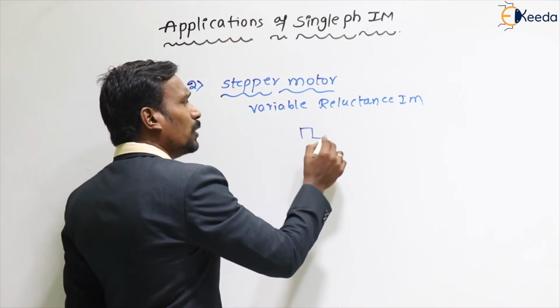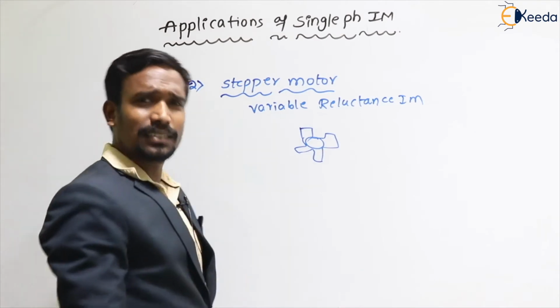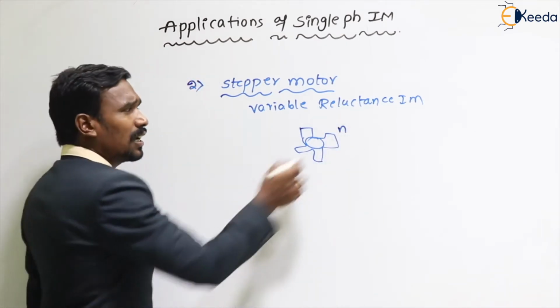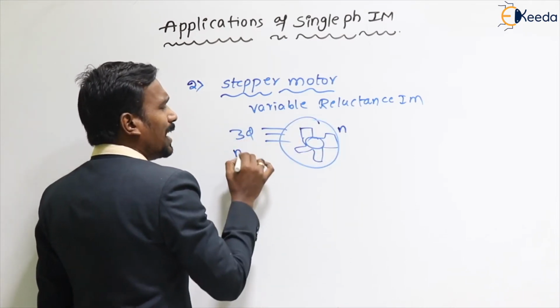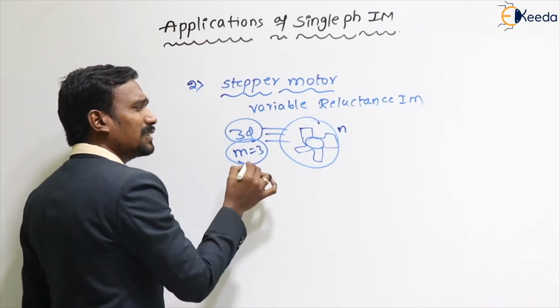Here we have rotor teeth. For example, we have N rotor teeth. And for example, if this is a three-phase supply, we have three phases.